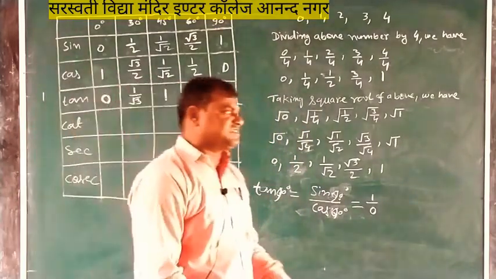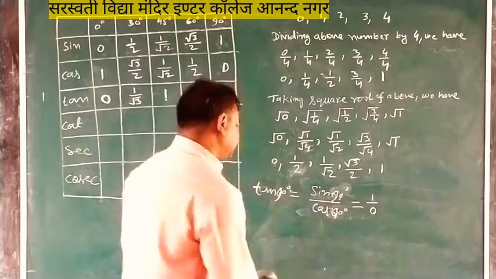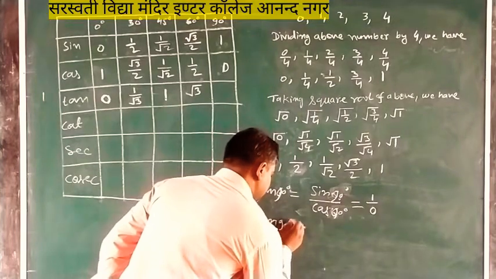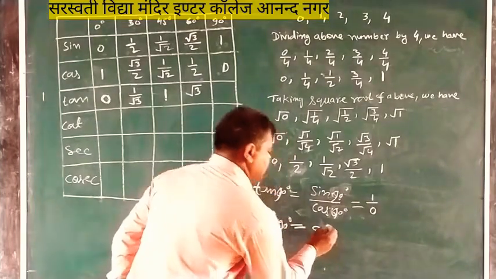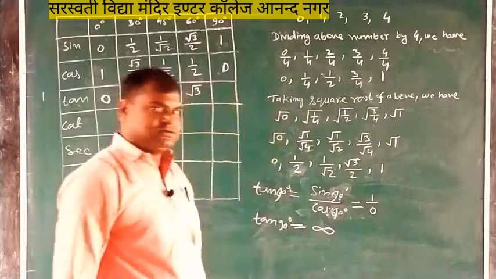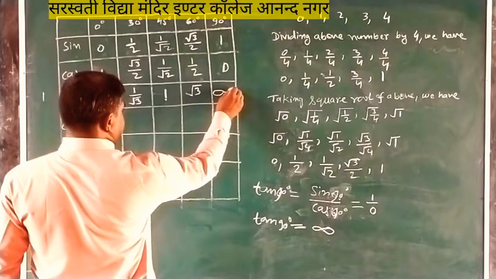We have also discussed this, if the denominator is 0, then its value is infinite. So tan 90 degree, its value is infinite.